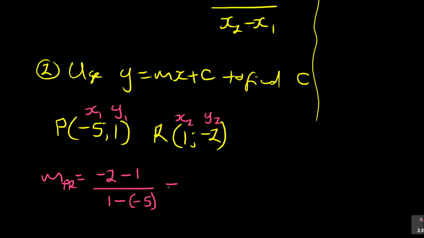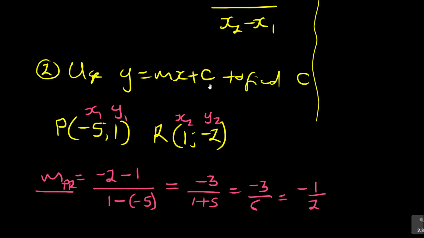That is equal to negative 2 minus 1, which is minus 3, over 1 minus minus 5, which is 1 plus 5, which is equal to negative 3 over 6. Take a calculator, you can use it, which is negative 1 over 2. So that's the gradient m of PR.